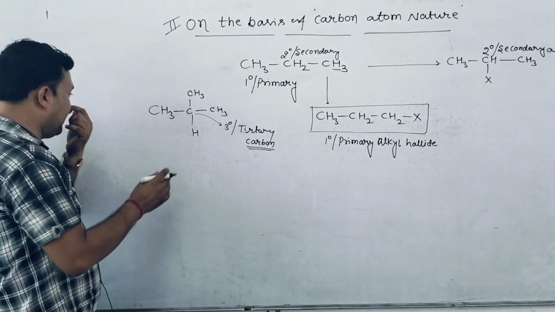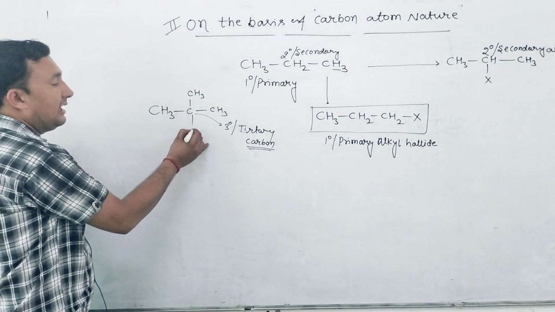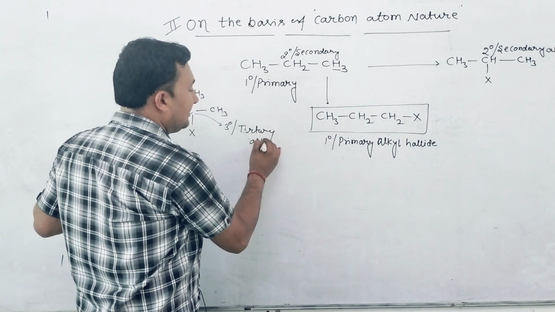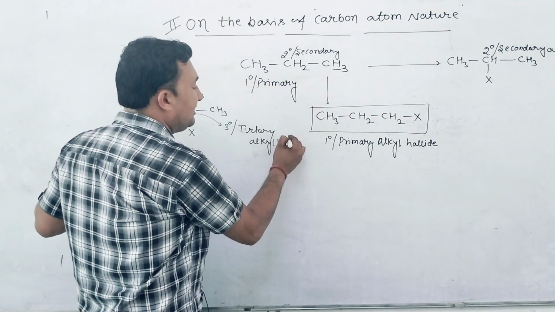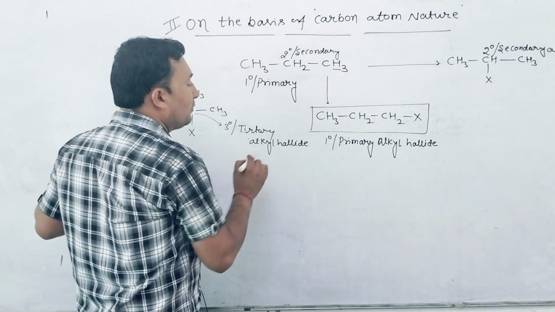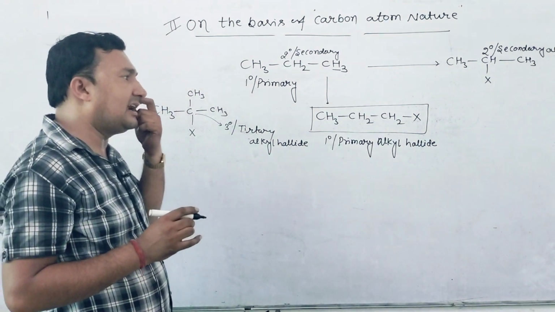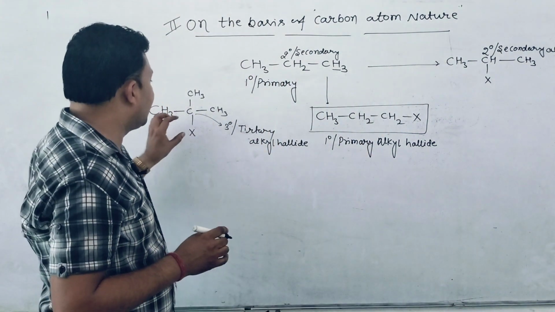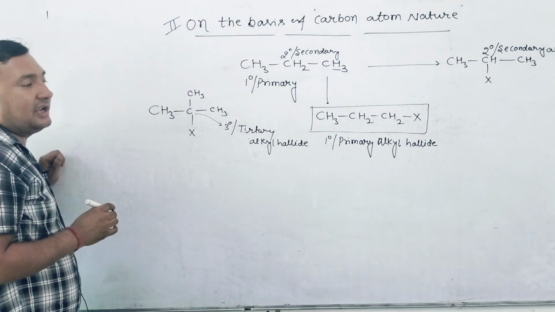And when we are replacing the hydrogen of tertiary carbon and putting halogen, we call it tertiary alkyl halide. So it is very easy to understand. When halogen is attached to primary carbon, it will be primary alkyl halide. When it is attached to secondary carbon, it will be secondary alkyl halide. When it is attached to 3 degree carbon, it will be tertiary alkyl halide.